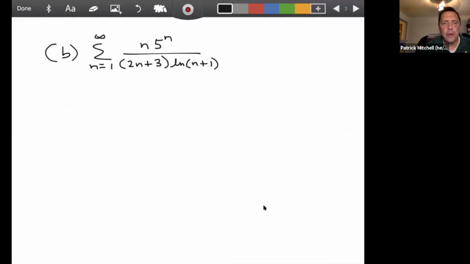Okay, next example, the sum n going from 1 to infinity of n times 5 to the n over 2n plus 3 times natural log n plus 1. All right, so once again, we have to look at the limit as n increases without bound.